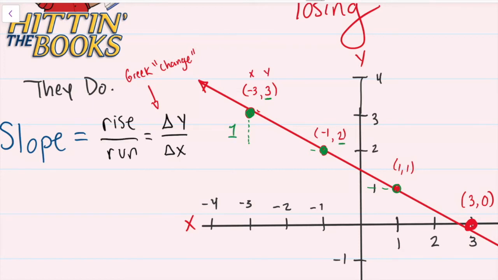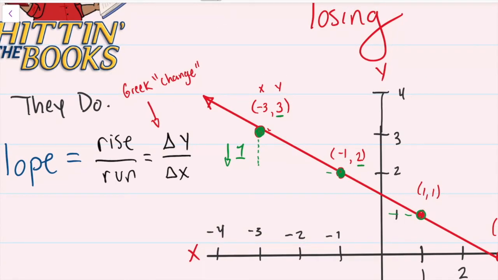Now that we went 1 down, let's figure out how many we have to go side to side. In this case, we go to the right, from -3 to -1. Let's count them: 1, 2. We went 2 to the right.